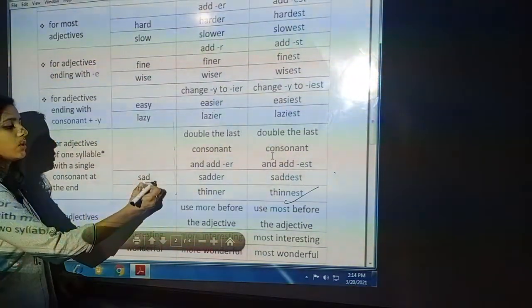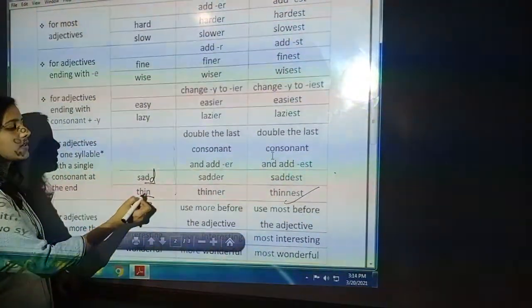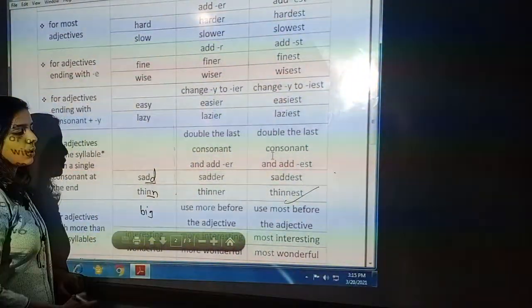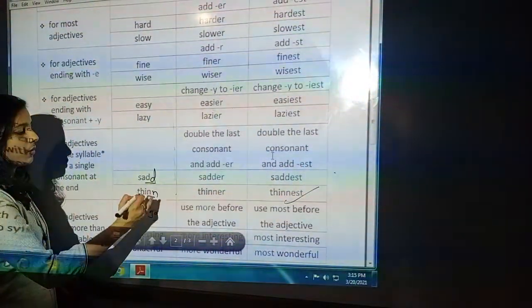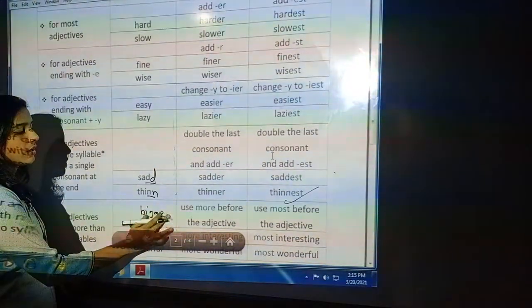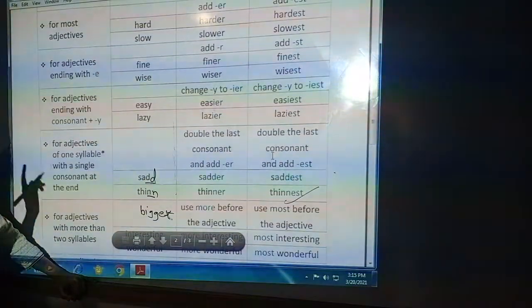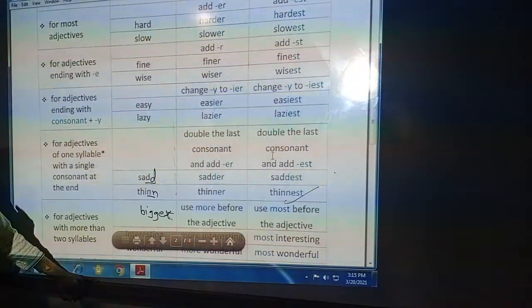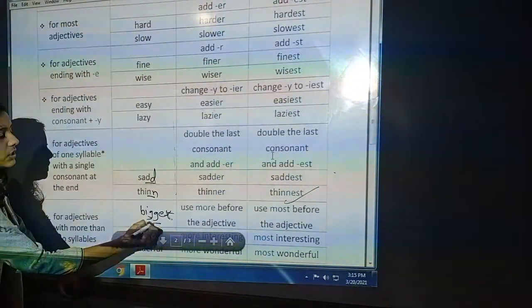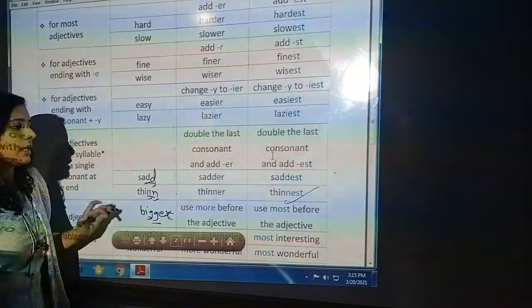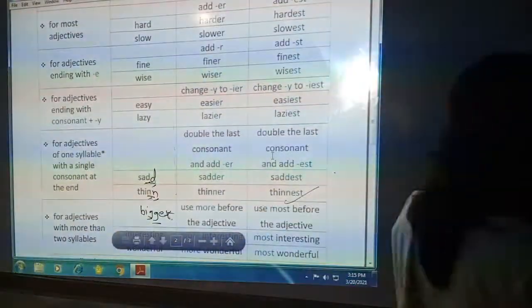If D is given, we will add D again. If N is given, we will add N again. Suppose if big is given, we will write bigger or biggest. So the last consonant will be added again: GG, NN, DD in this way. Okay. Let's see the example now.